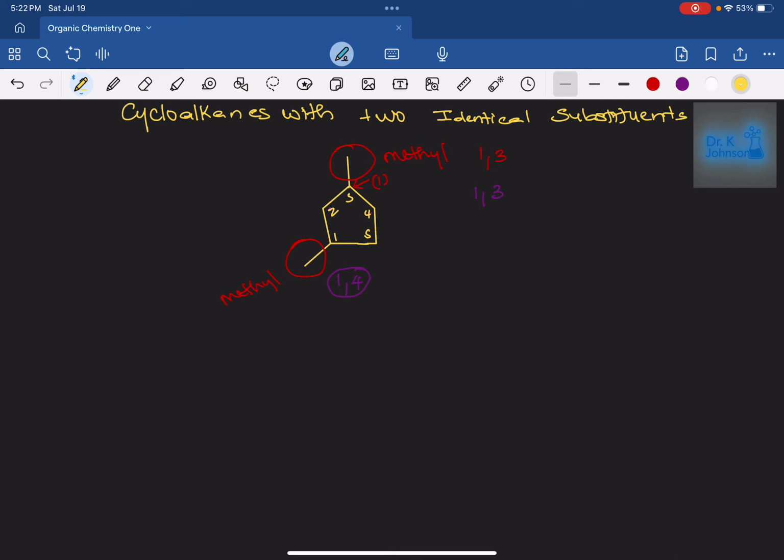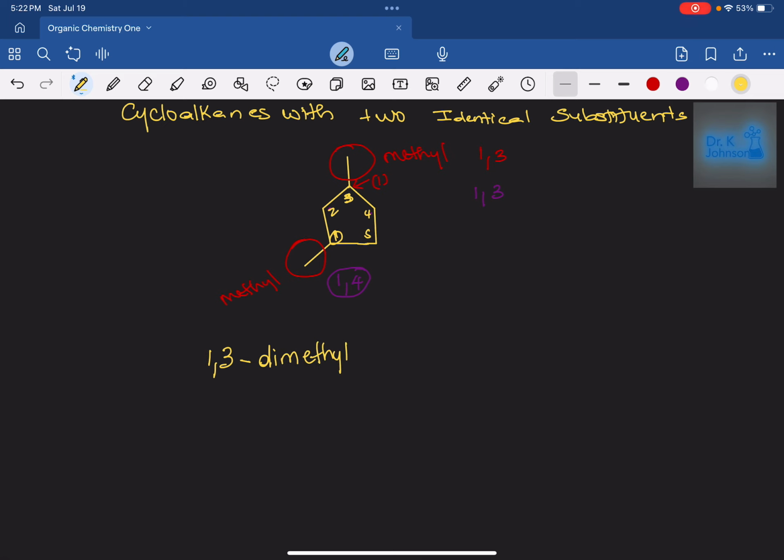So to name, on carbon number 1, I have a methyl group. So that's 1. You have to locate it, remember that? Then on 3, I have another methyl group. So it's 1, 3. It's 2 of them, so it must be dimethyl.